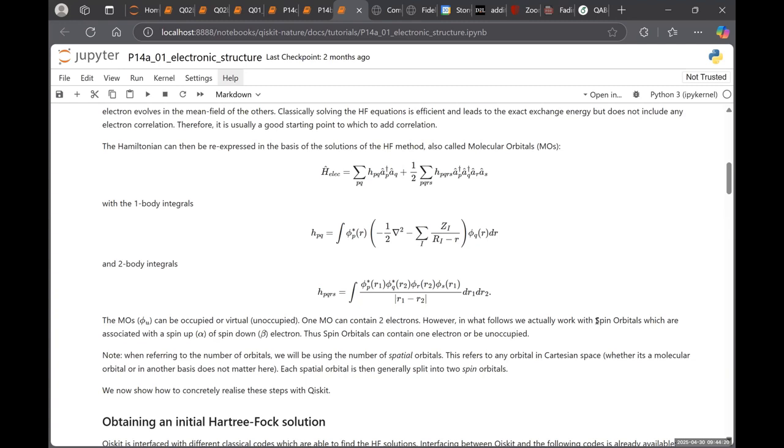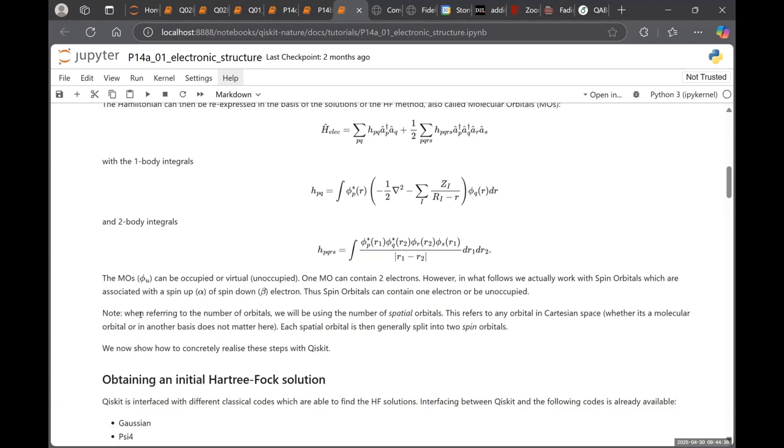When they call it a spin orbital, they're labeling it as, for example, alpha is spin up and beta is spin down, so you only occupy one spin orbital. When referring to the number of orbitals, we'll be using the number of spatial orbitals. So spatial orbitals times 2 will be the spin orbital number.